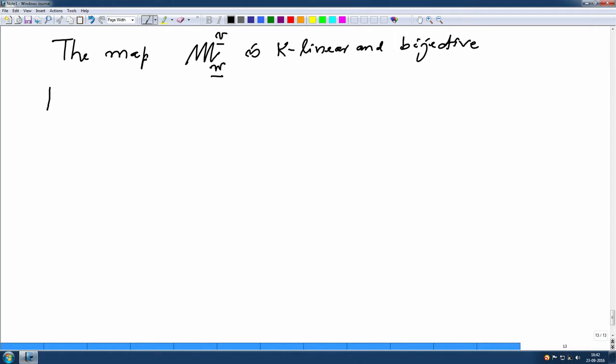So proof. To show it is K linear, that means what?